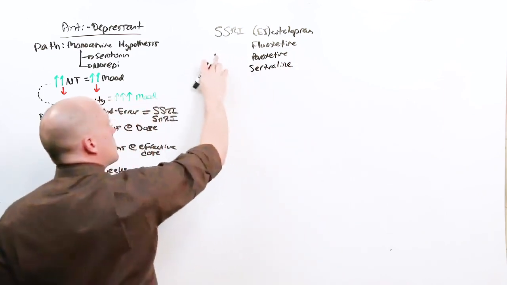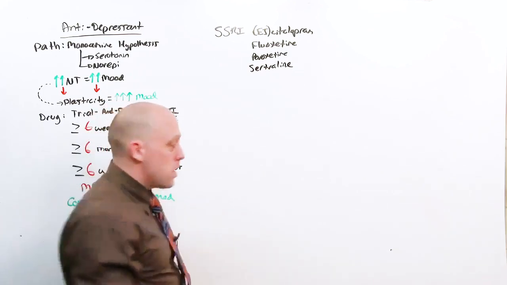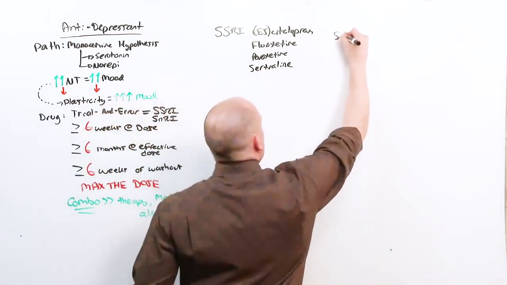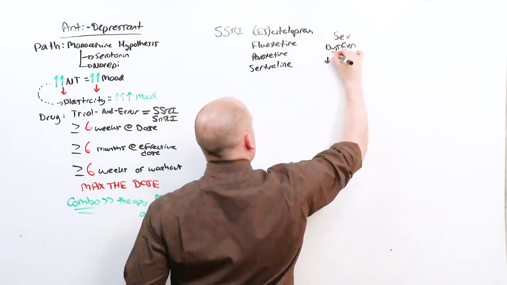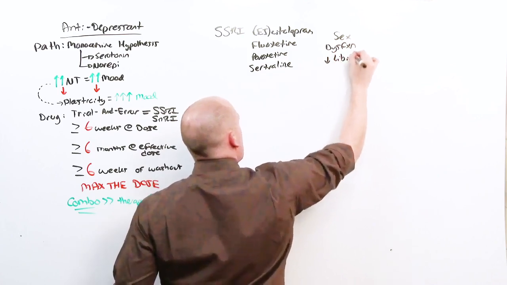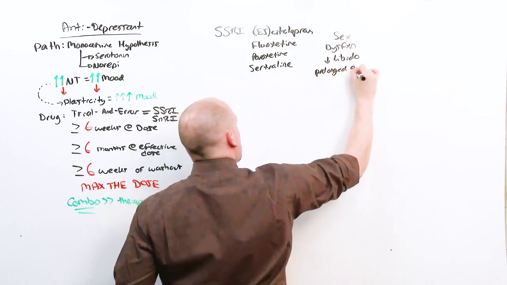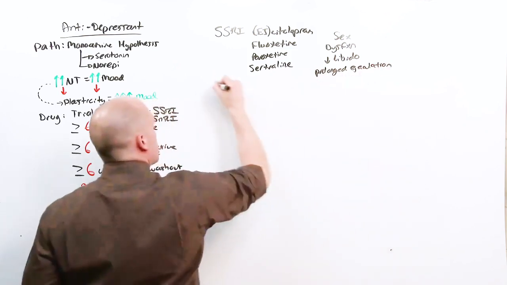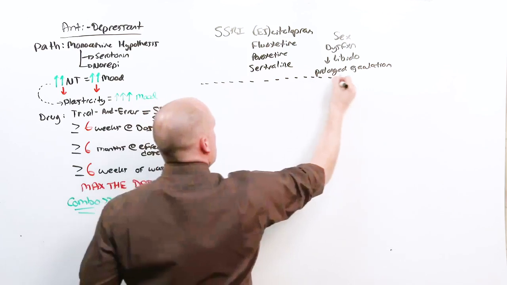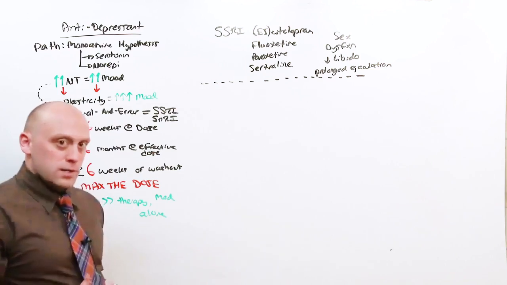The SSRIs all have various side effect profiles, but the thing you should take away is sexual dysfunction. There may be a decreased libido, desire to have sex, but there may also be prolonged ejaculation. That is, these medications can be abused so that a man maintains his erection longer to continue their sexual intercourse.